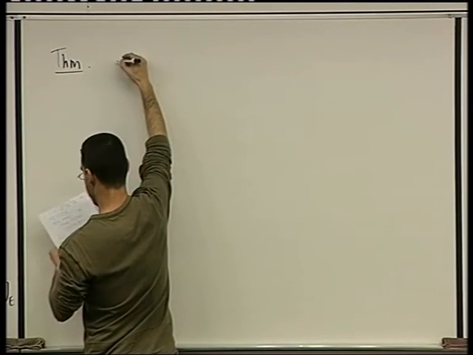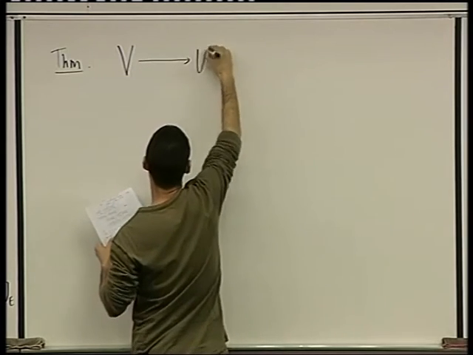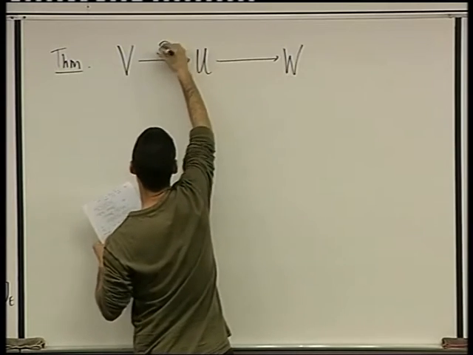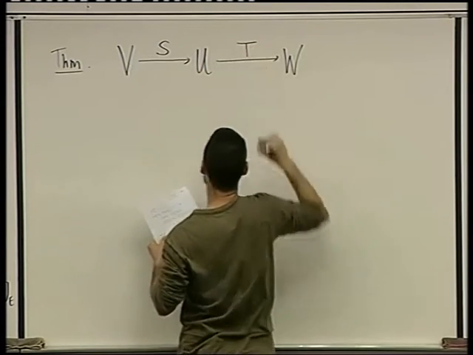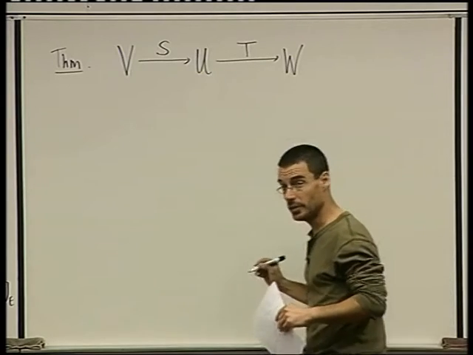So we have V, and then we have U, and then we have W, and let's call this map S, and let's call this map T, and we're going to need bases for each of these spaces.